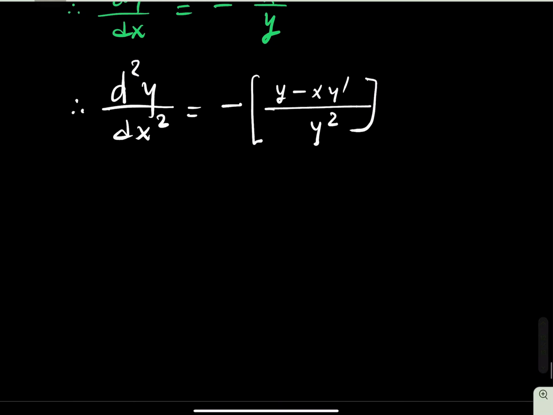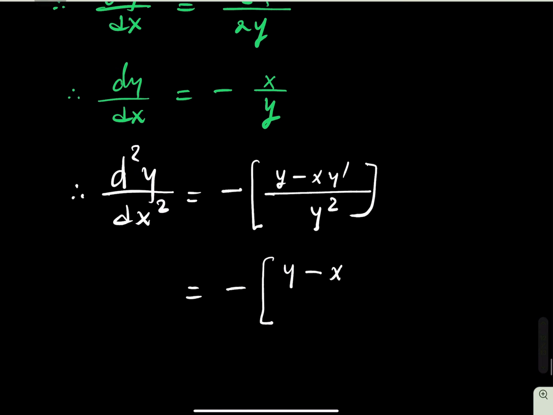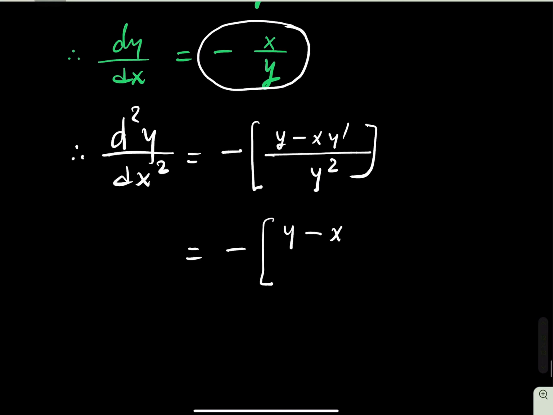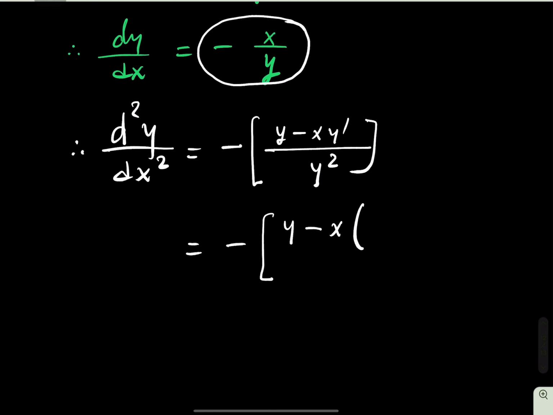You close that, and you get a negative of y minus x times the y prime. The y prime, you got negative x over y. You close that, this is over y squared.